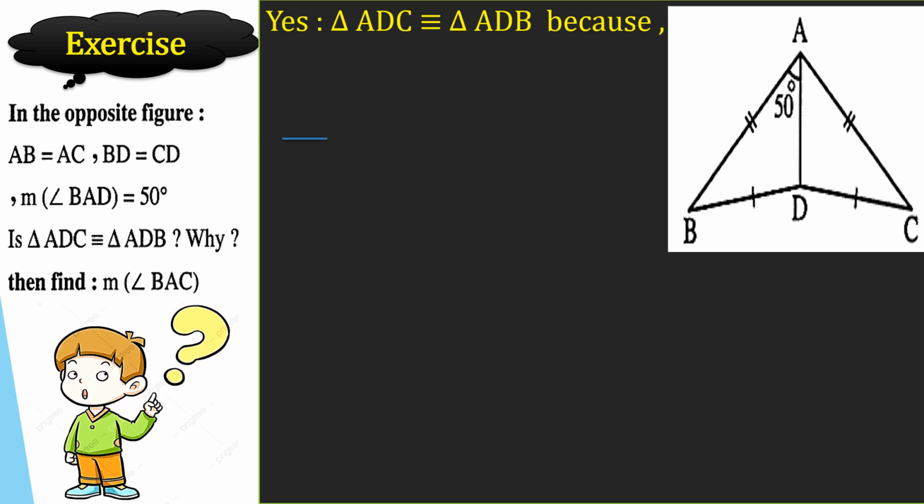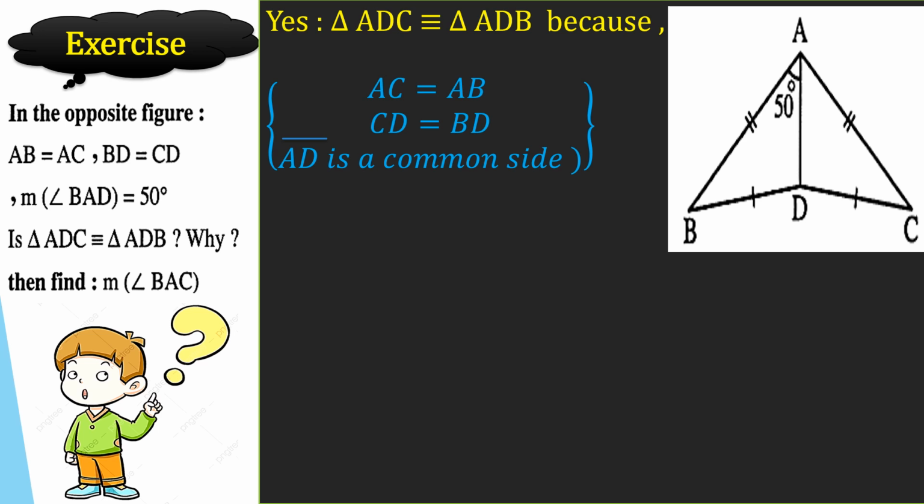Yes, the triangle ADC is congruent to the triangle ADB because AC equals AB, CD equals BD, and AD is the common side of the two triangles.